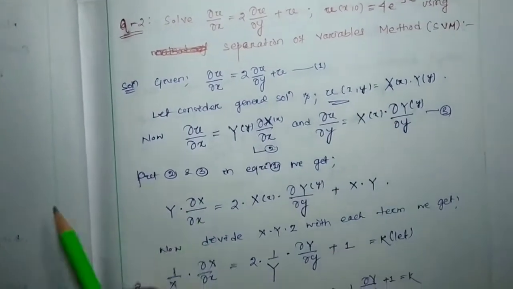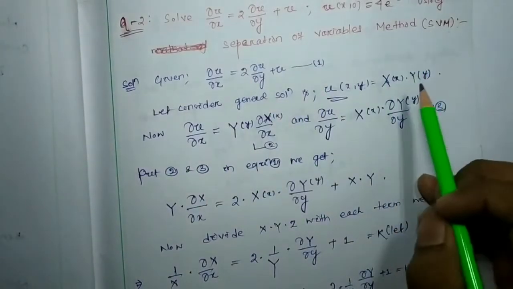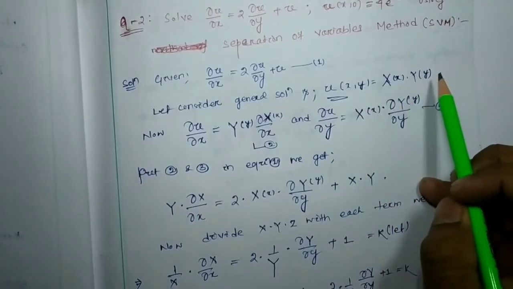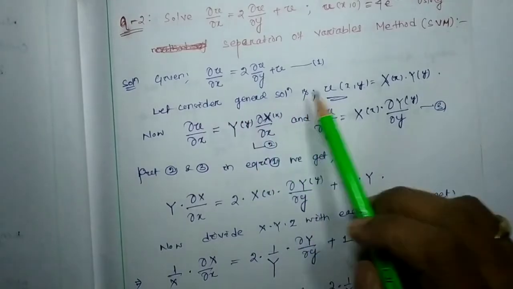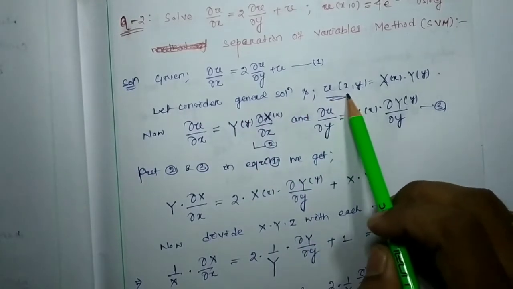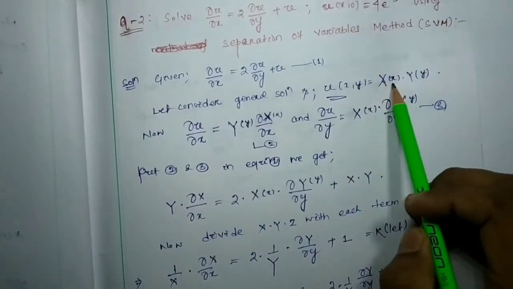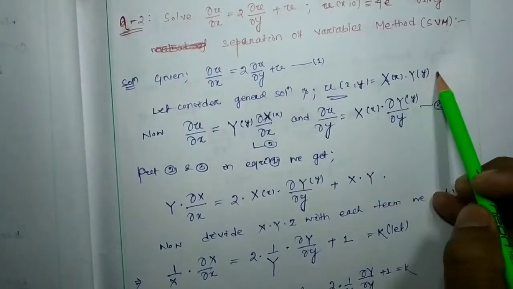Using the separation of variables method, that means we have to separate x and y. So let the general solution u, which is a function of x and y, be written as capital X, which is a function of x, into capital Y, which is a function of y. This is your step 1.